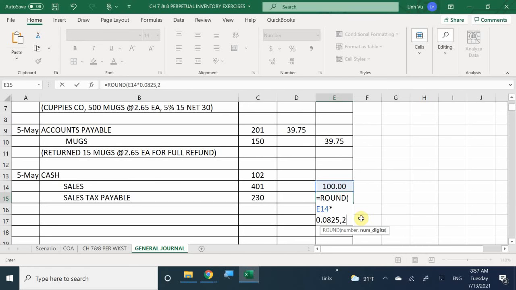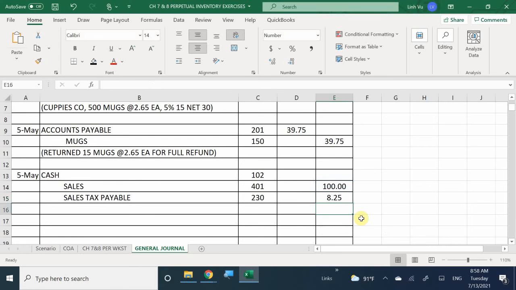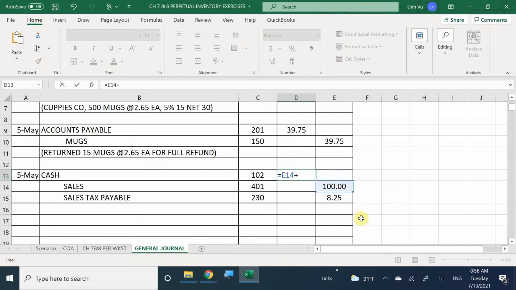I think I put it on all the other worksheets except for this one. So how much is tax? 8.25% of $100 is $8.25. So how much total cash should I be receiving? $108. Good.